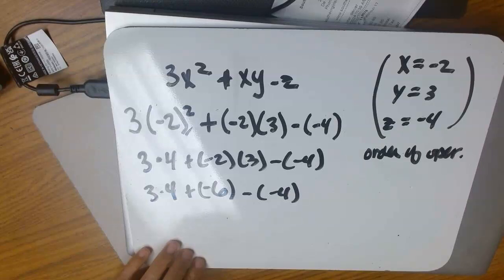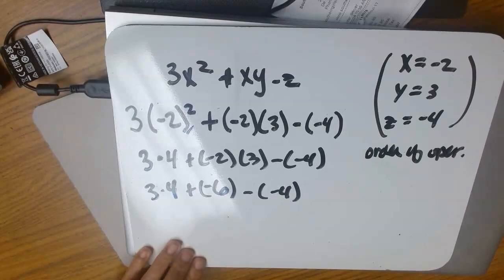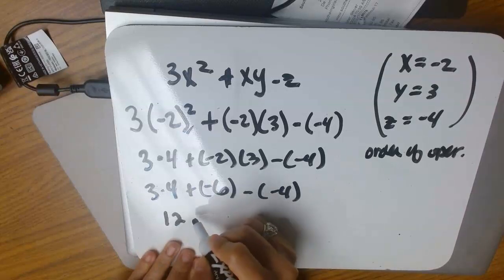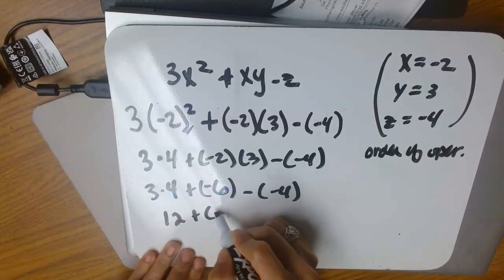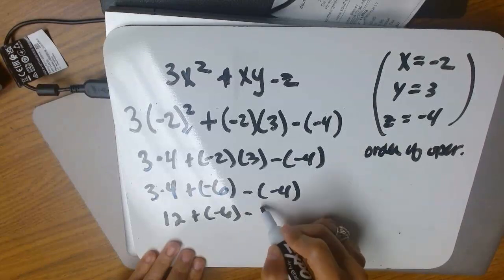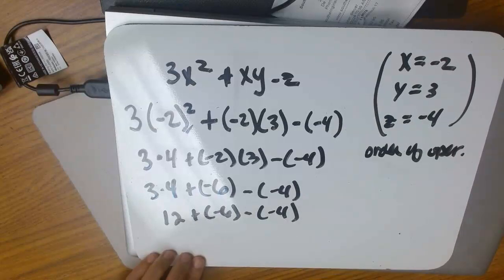Okay, now then, we continue on with our multiplying. 3 times 4, which will give you 12. Okay, you bring the rest down. Okay, and when we do that, then order of operation is going to be left to right.